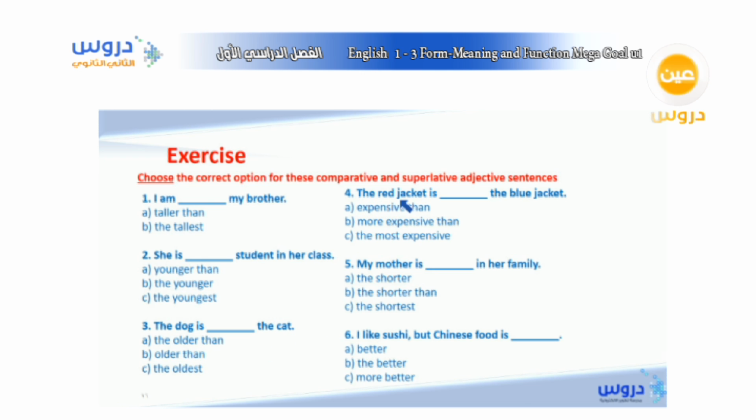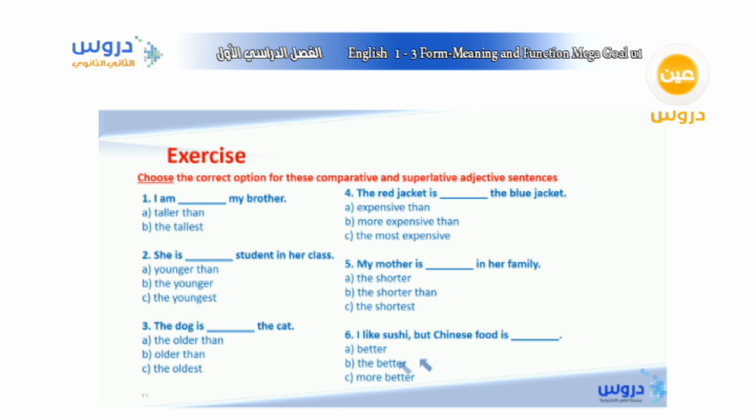3, the dog is the cat. Now we're comparing between 2 things. Older than, yes, older than the cat. 4, the red jacket is the blue jacket. 4, B, yes, more expensive than. 5, my mother is in her family.